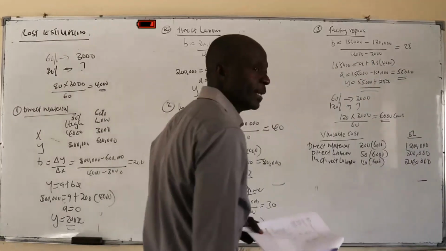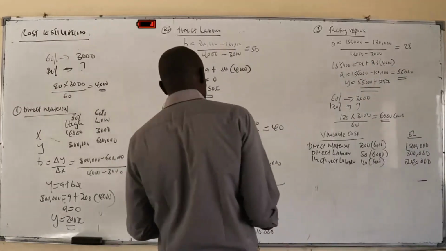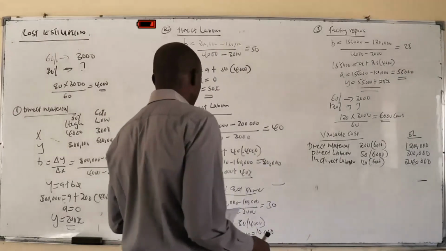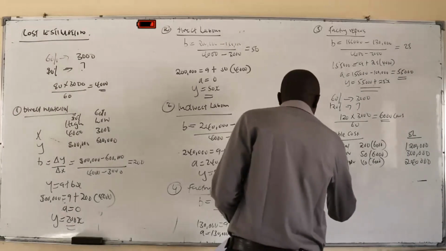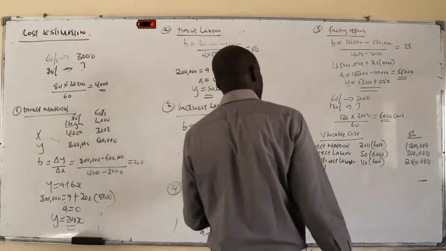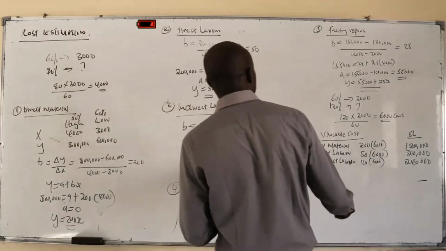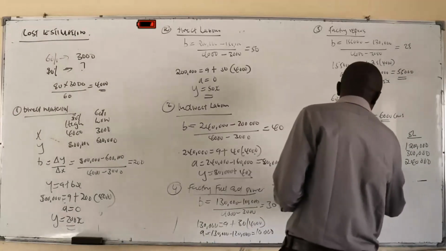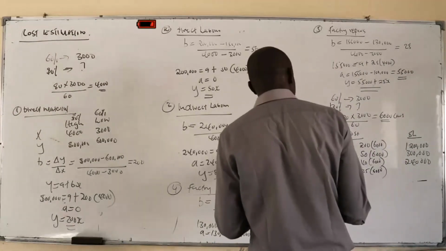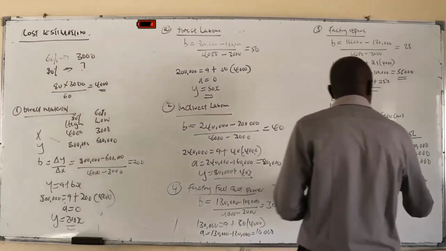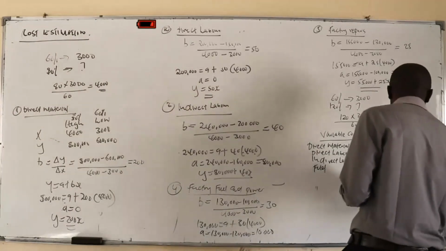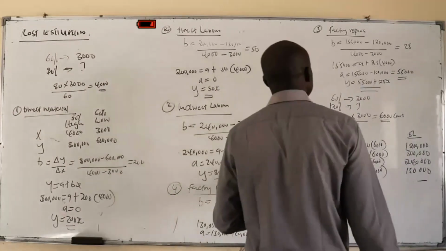That is indirect labor. And then we go to the next item, factory fuel. The variable component will be 25 times 6,000. So what do you get? 150,000. So we are through.